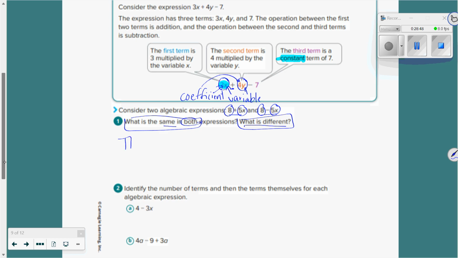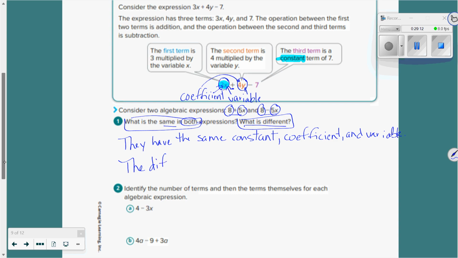So they have the same constant, 8, coefficient, the 5, and variable, or in this case, the x. So all three pieces of those are the same. The difference is the operation. So the operation between the two terms is different.